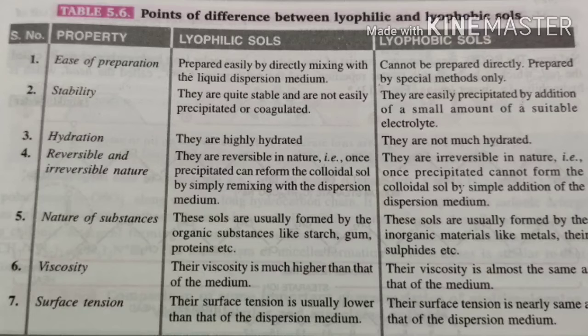Lyophobic sols cannot be prepared directly, they are prepared by special methods only. The second point is stability. The lyophilic sols are very stable and are not easily precipitated or coagulated. But the lyophobic sols are easily precipitated by addition of a small amount of a suitable electrolyte.